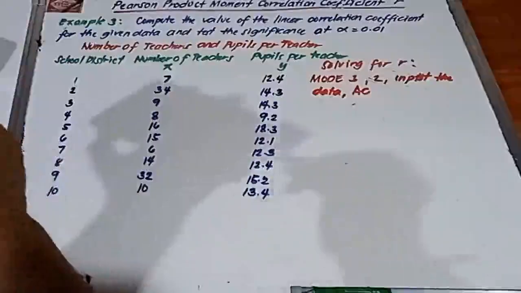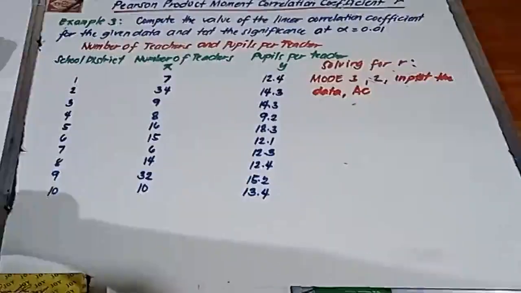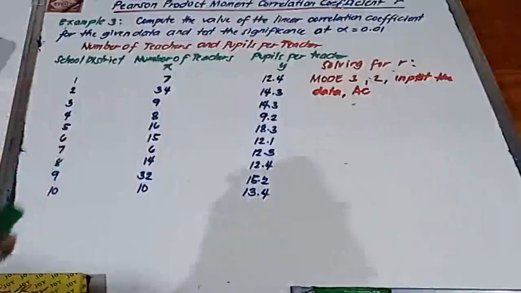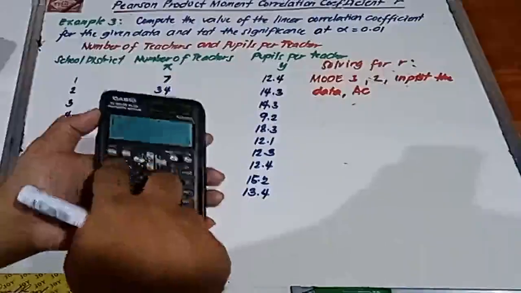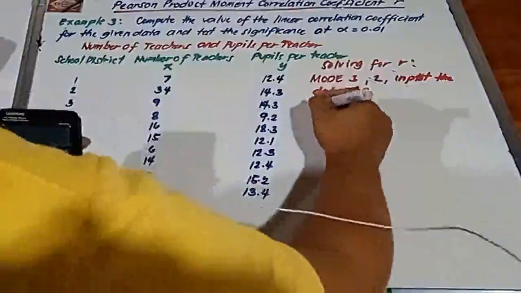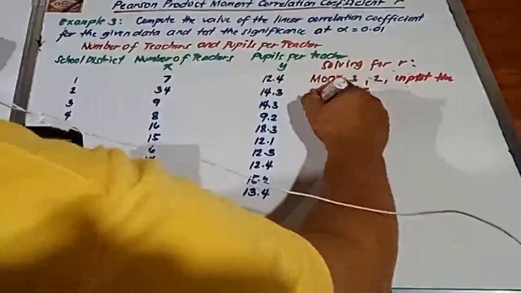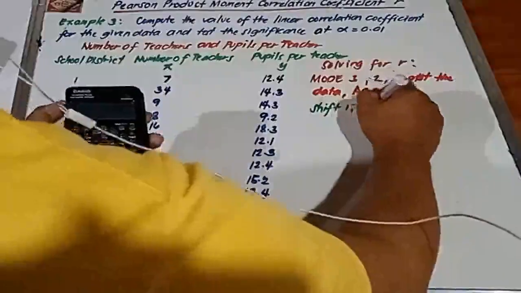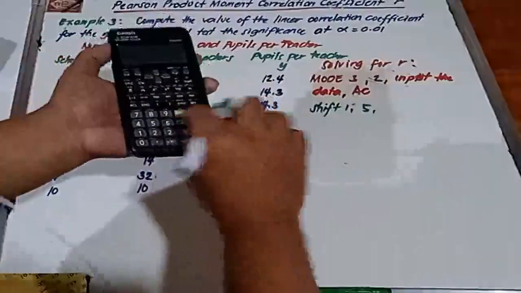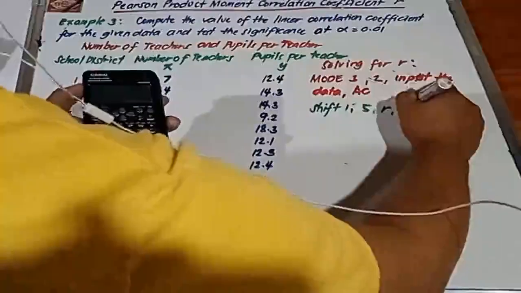Then, para ma-solve natin si R, press natin Shift 1, and then 5, then 3, then equals.